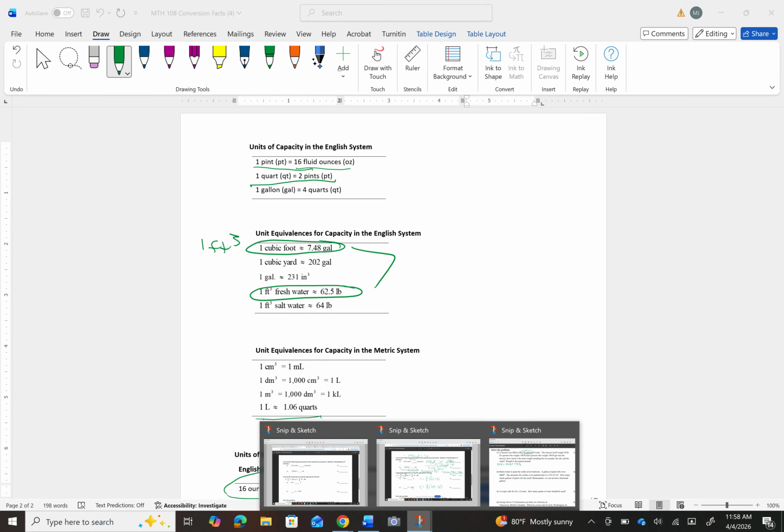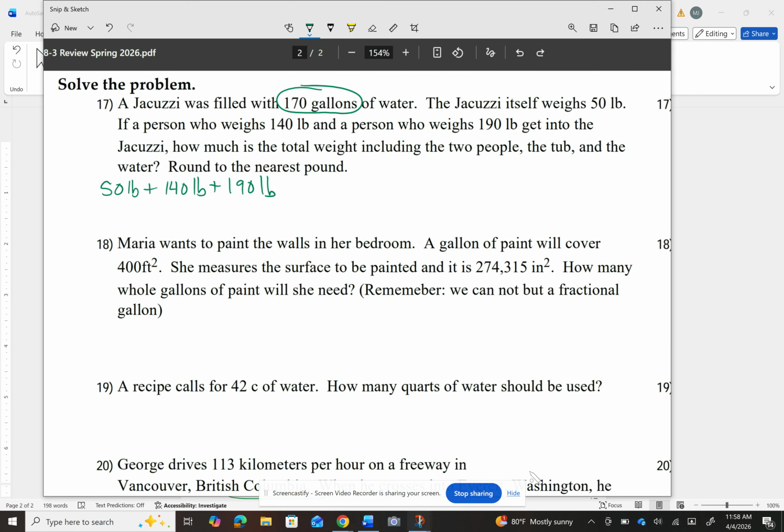So 7.48 gallons. So I'm going to take the 170 now, which is gallons, and I can multiply it by a unit fraction, but I need gallons on the bottom. So we know 7.48 gallons is 1 cubic foot. So that gets us to cubic feet.